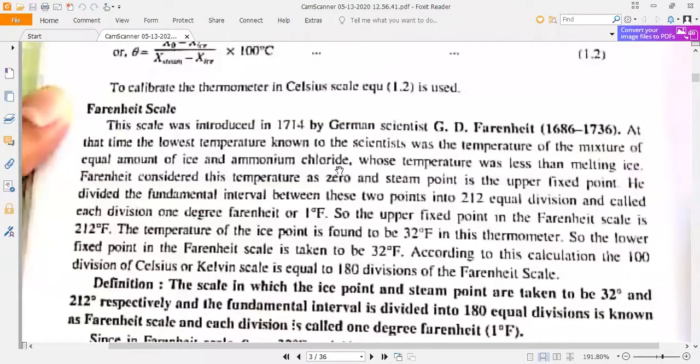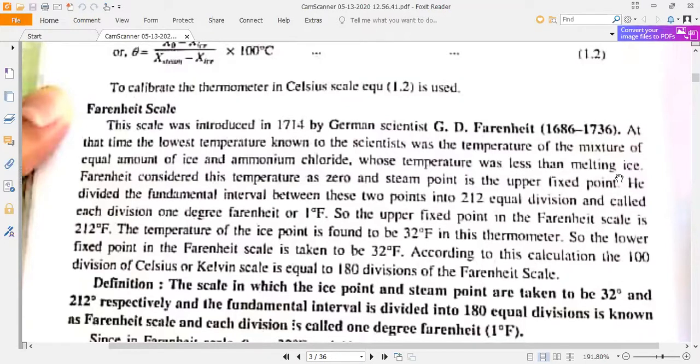When we extend the line backward, it intersects the x-axis at minus 273 degrees Celsius, right? So that is the lowest imaginable temperature. But at the time of Fahrenheit, they used to think that the lowest temperature known is the temperature of the mixture of equal amounts of ice and ammonium chloride, whose temperature was less than melting ice.